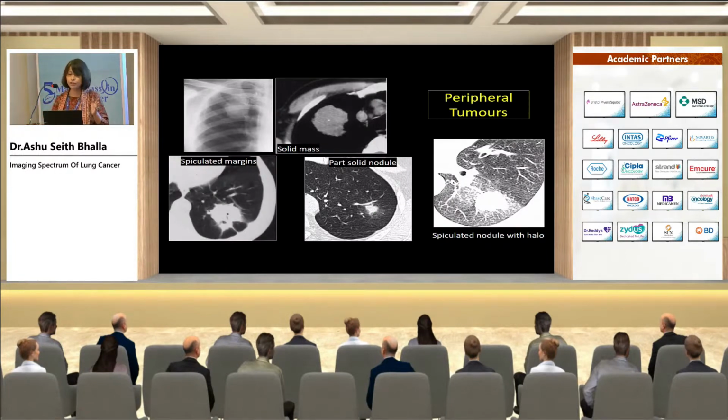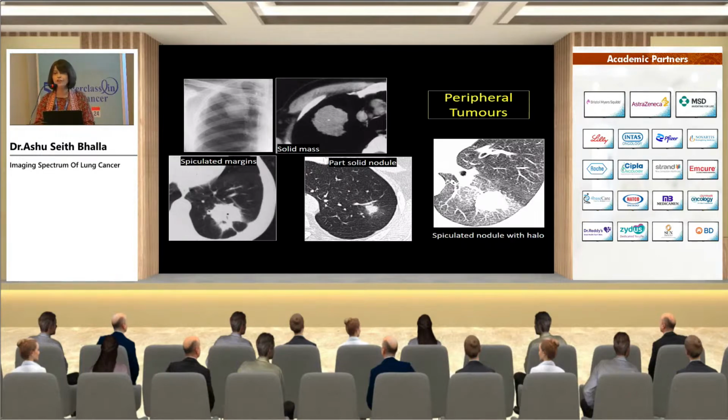In peripheral tumors, the story becomes more diverse, especially since the screening programs came. Earlier, we would refer to them as solid masses with spiculated appearance and pleural tags, etc. But with early lung cancer, there is a lot of emphasis on part solid nodules and features in part solid nodules, which should help you detect malignancy.